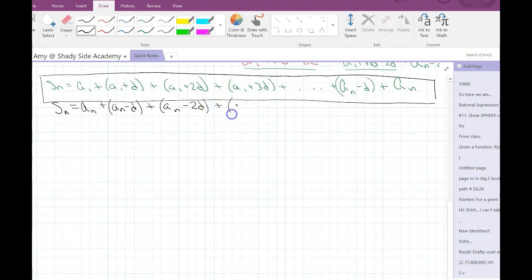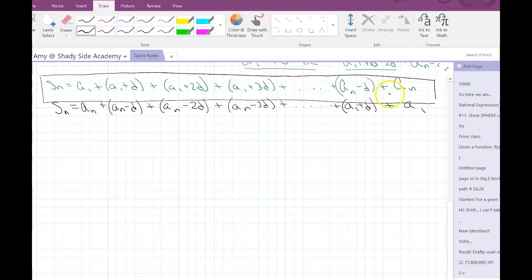Plus a sub n minus 3d plus dot dot dot. Okay, what term would go here? If I'm writing this sum backwards, well, this would be plus a sub 1 plus d plus a sub 1, right?